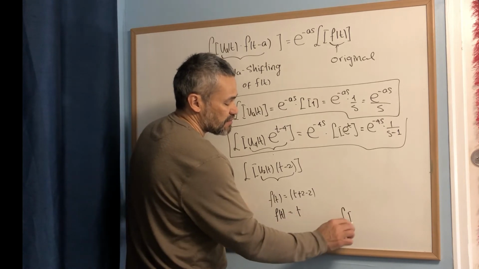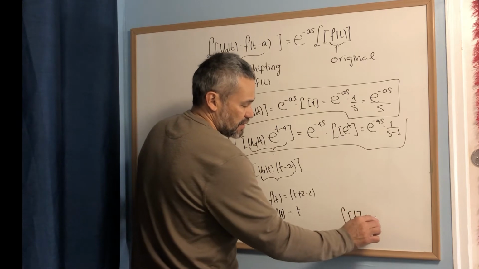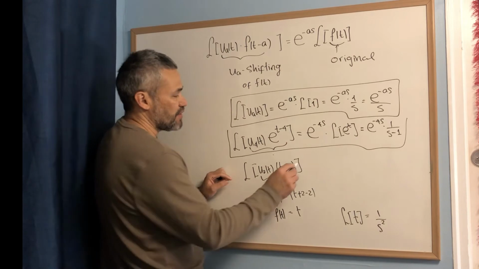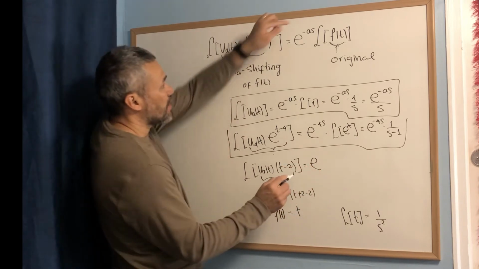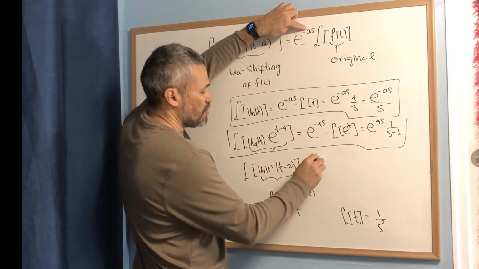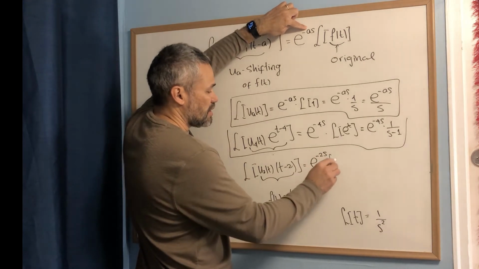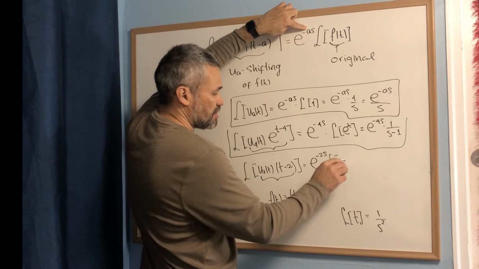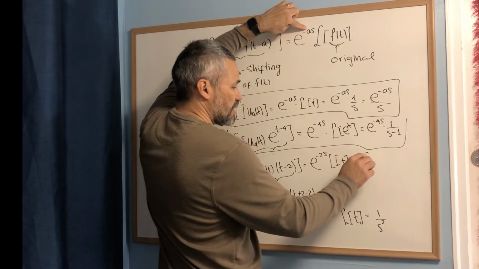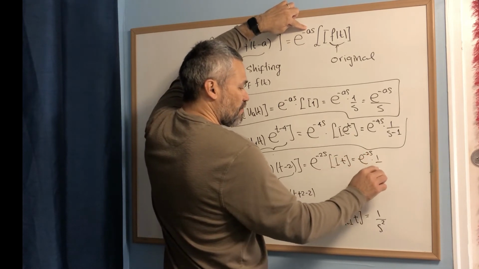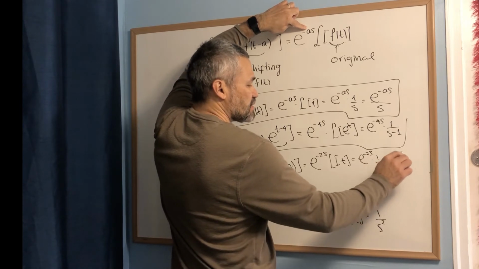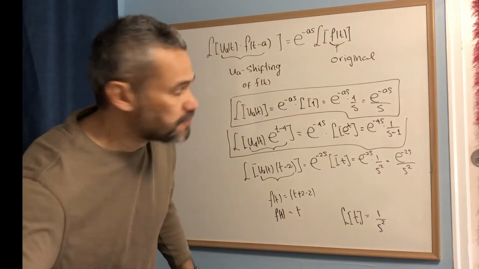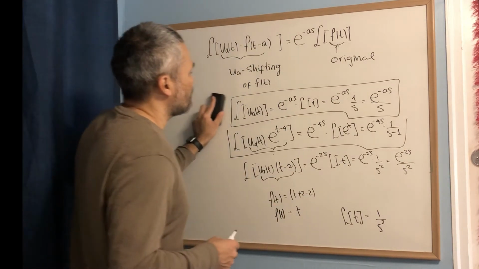Remember that the Laplace transform of t is 1 over s squared. Then we can finish this. This is just e to the negative 2s, since a is 2, times the Laplace transform of the original, which is t, and this is e to the negative 2s times 1 over s squared, and this is e to the negative 2s over s squared.